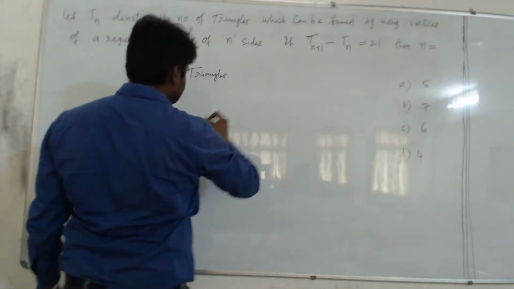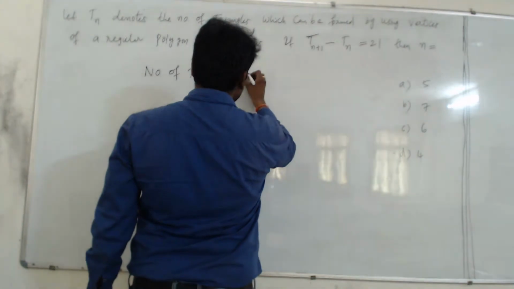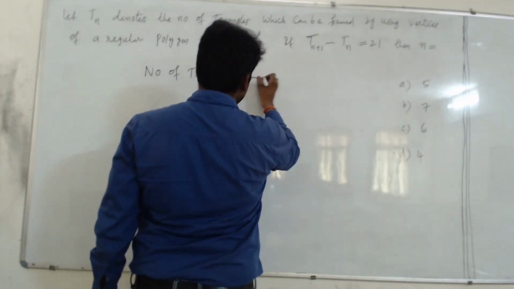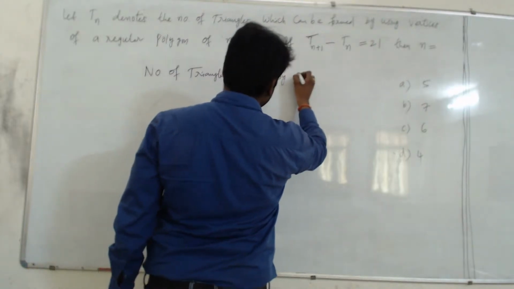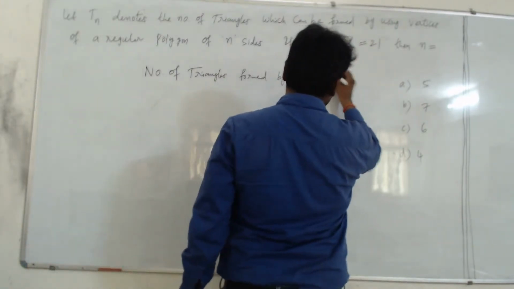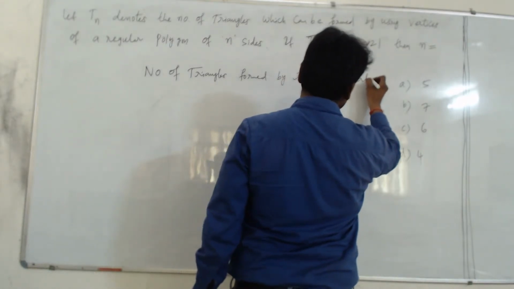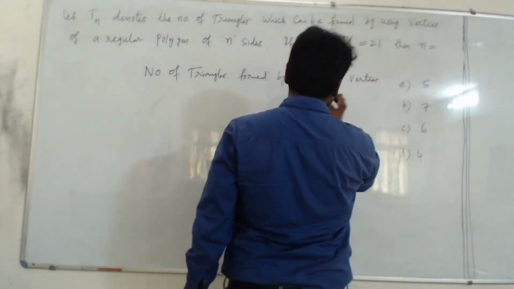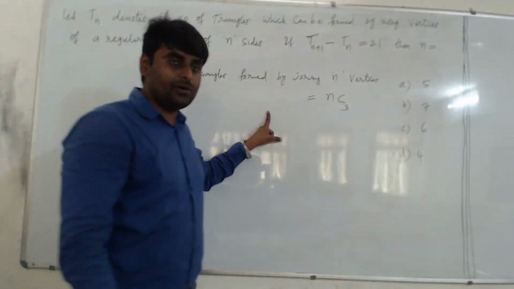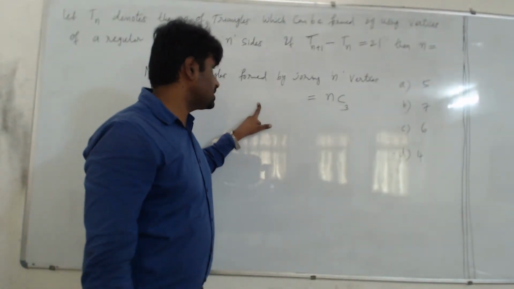The number of triangles formed by joining n points or n vertices is simply nC3. Okay, so this is the formula which we have to understand here.